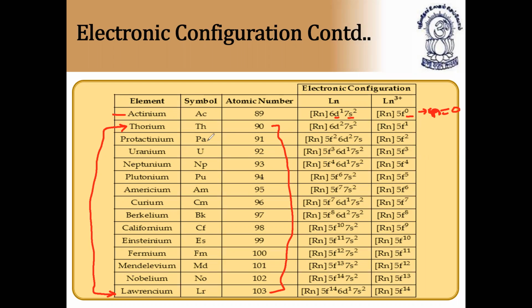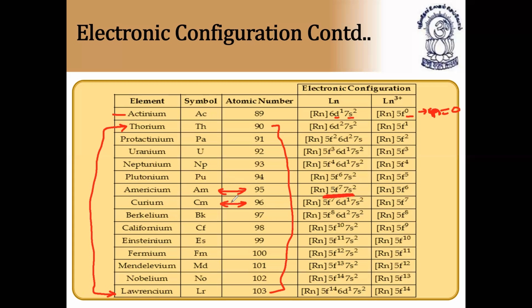Same with thorium. Next, protactinium, uranium, neptunium, plutonium, americium, curium, berkelium, californium, einsteinium, fermium, mendelevium, nobelium, and lawrencium. These are the elements of actinoids, and in this also we have unusual stability, that is 5f7, for americium and curium.